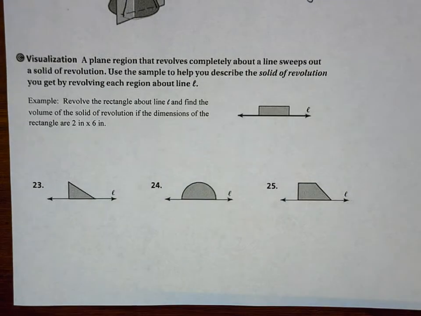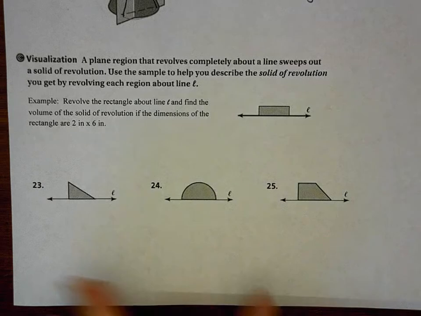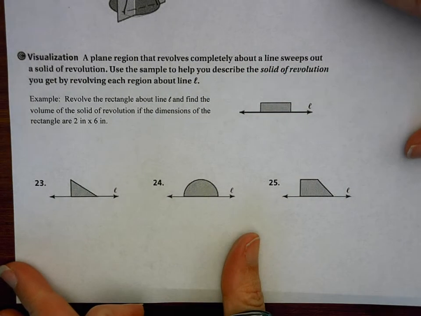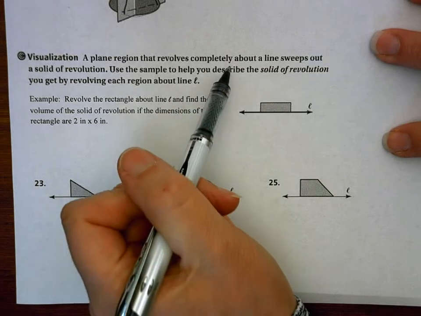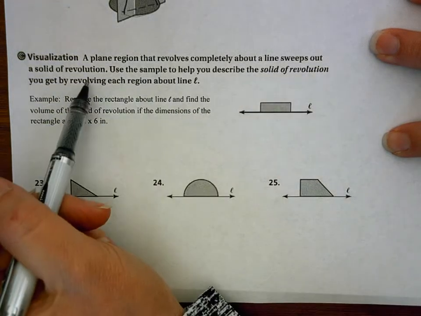For this one right here, we're working on a visualization, which is tough for some of us to do, but we're going to do the best that we possibly can. It says that a plane region that revolves completely about a line sweeps out a solid of revolution.